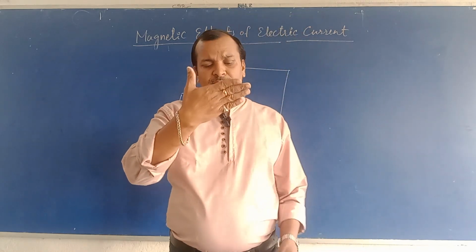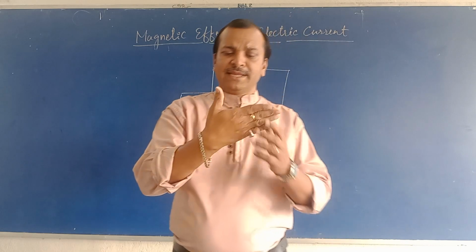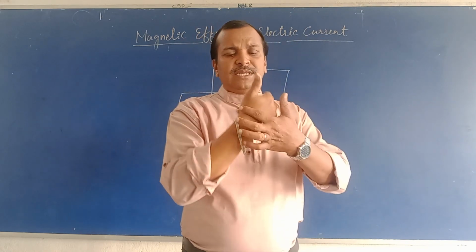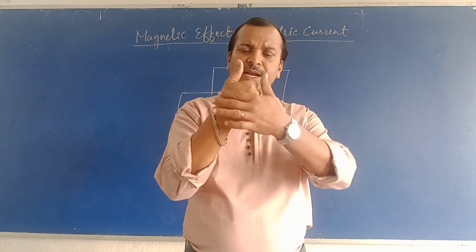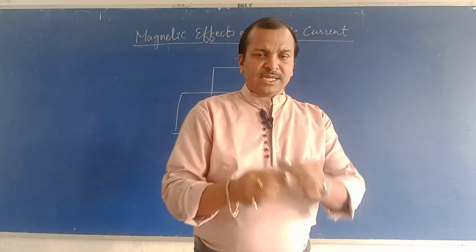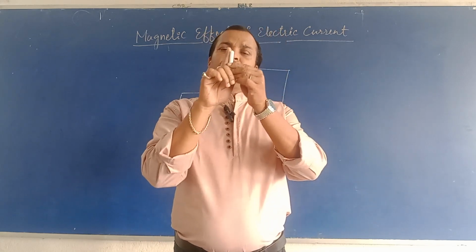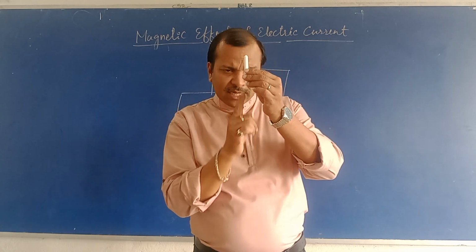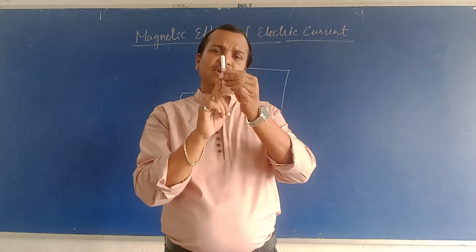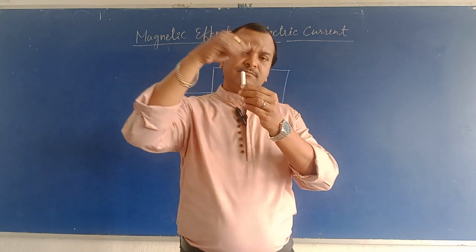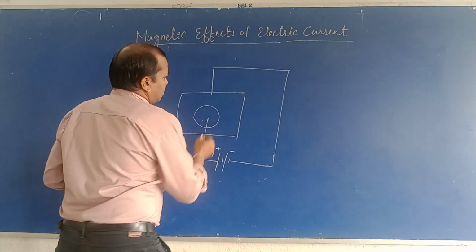First take your palm like this, and curl your fingers like this. Then this is the current, and this is the magnetic field around the current. Suppose this is the conductor, and positive current is flowing from this side, then magnetism will be around it.